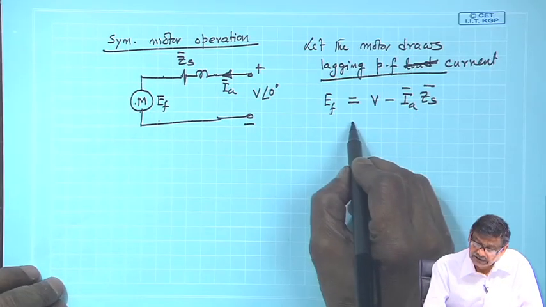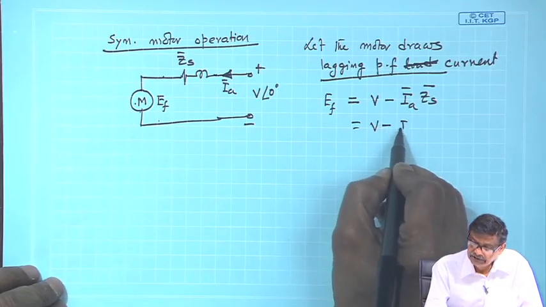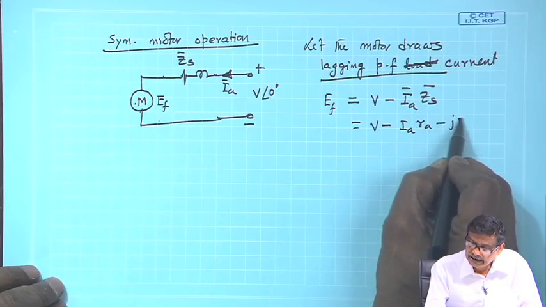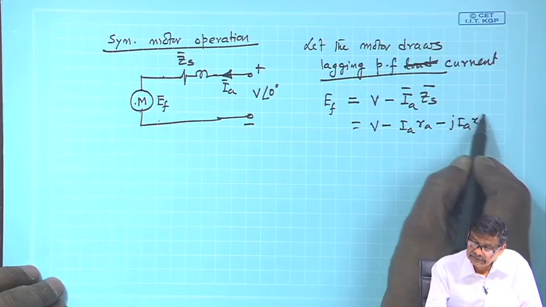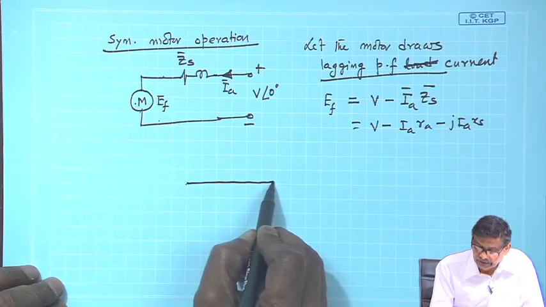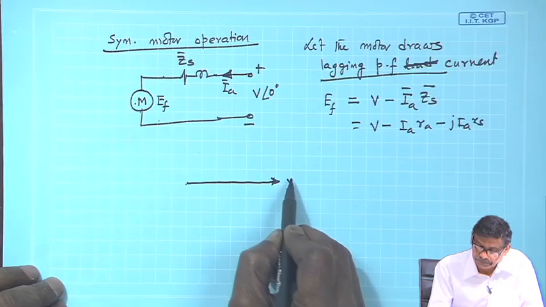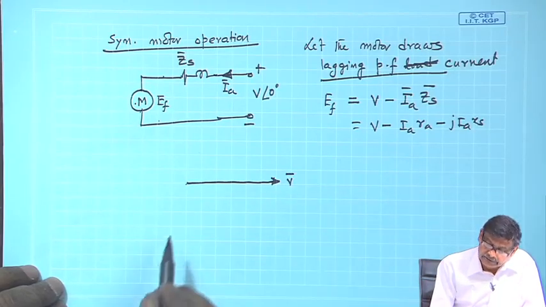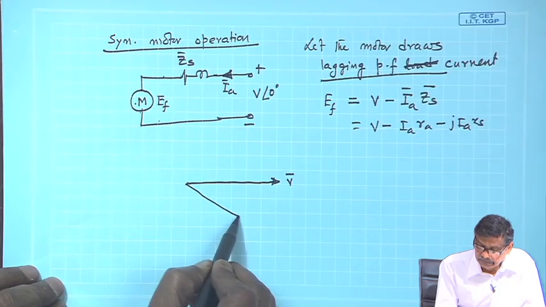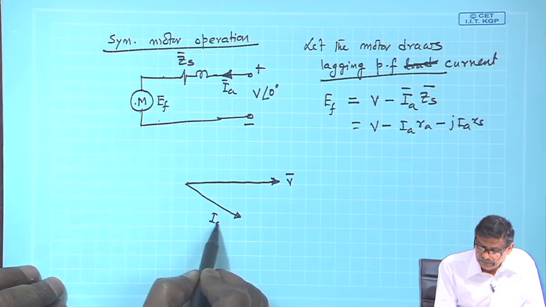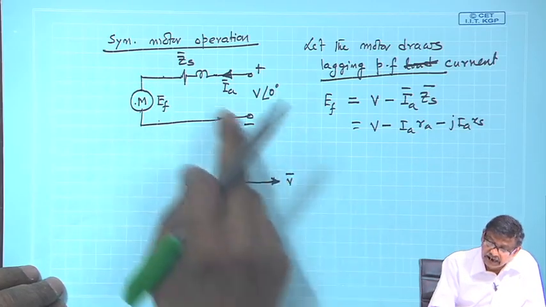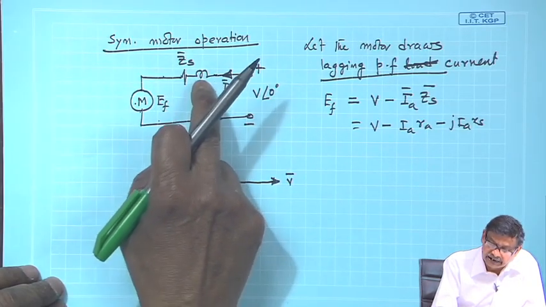So, how to draw it? The drawing of this Phasor diagram will be I a R a minus J I a X s. Okay. So, we first draw, please carefully follow me what I am doing. This is V. Then I have told it is drawing a lagging power factor current, so this is my I a. Then from V I have to subtract this R a and X s drop.